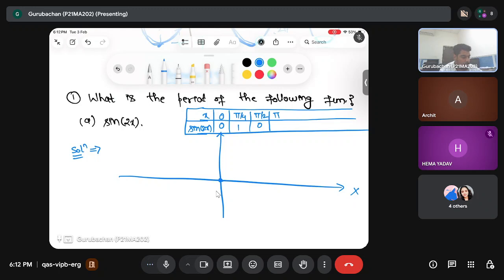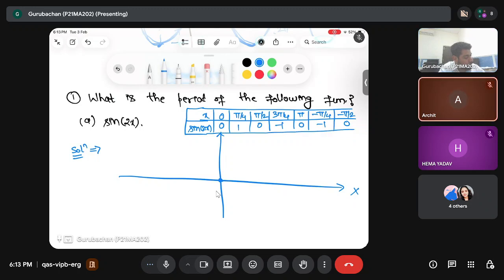Yes, sir, pi will be 0. Next value we will take is 3 pi by 4, then minus 1, pi, 0. And if we go for the negative ones, minus pi by 4 it will be minus 1, minus pi by 2 it will be 0, right? Yes, sir.